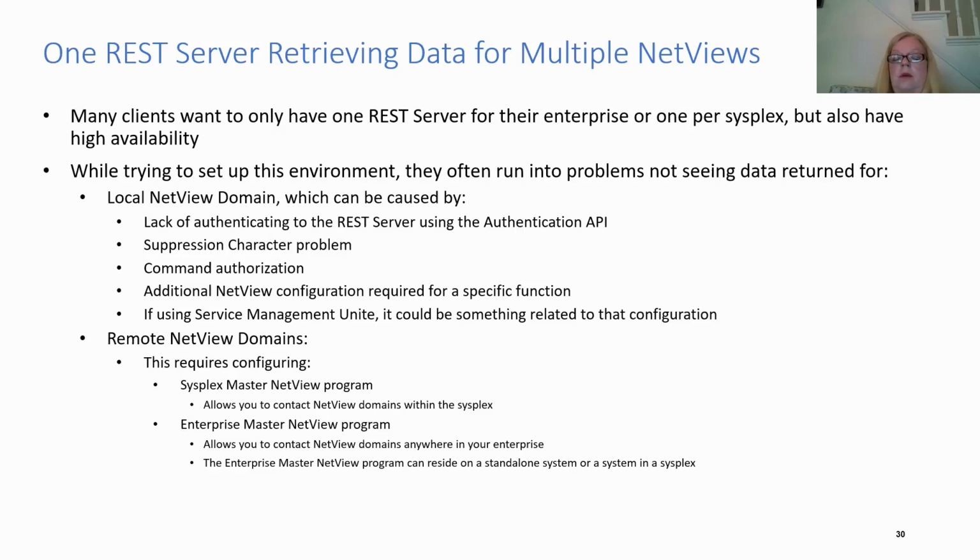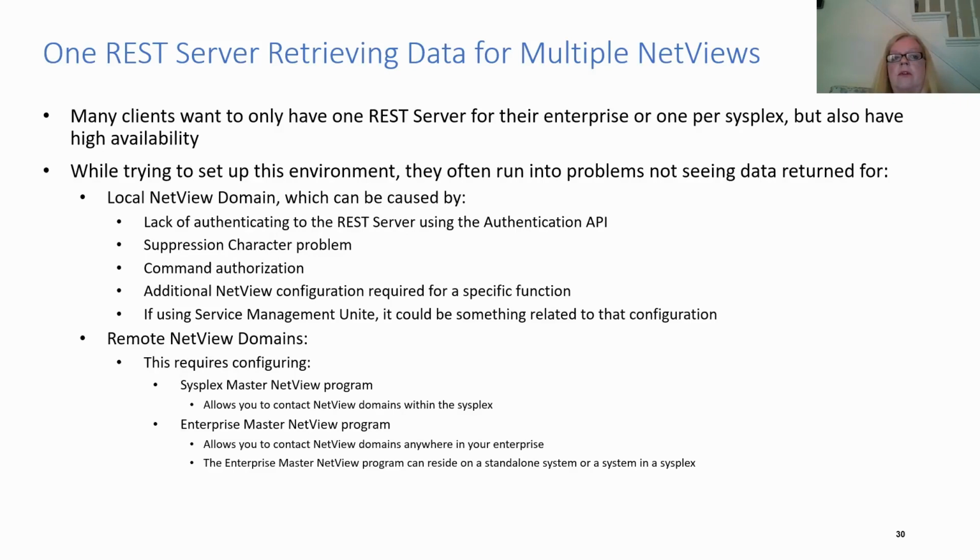So sometimes it's a NetView function that's been around for a long time, and they just haven't enabled that function in their product. Also, we do have a bit of data in Service Management Unite that leverages the NetView REST server and these REST APIs. So it's also possible there could be something related to the SMU configuration that's causing the issue.